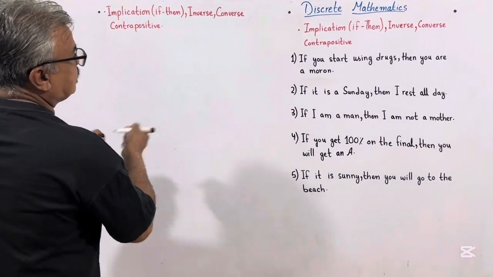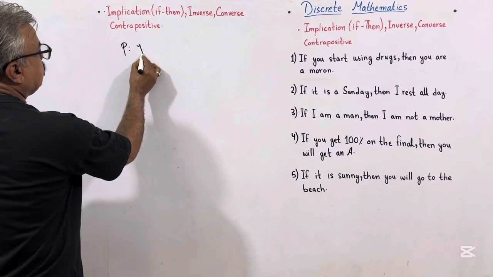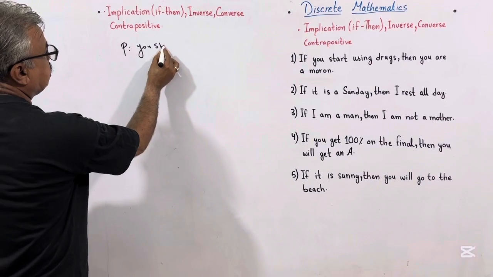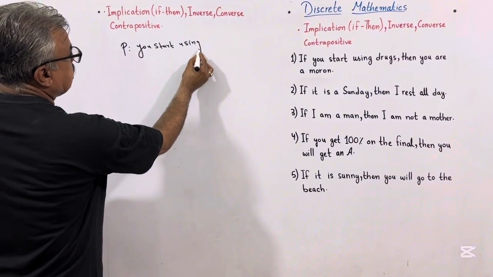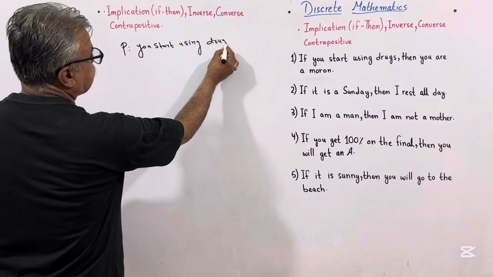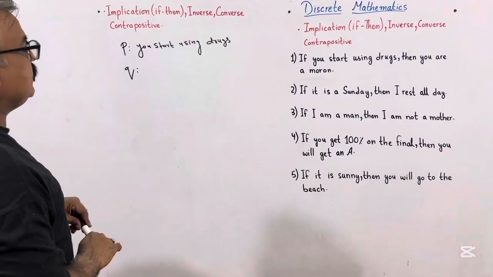Suppose P is you start using drugs, and Q, the second proposition, is you are a moron.